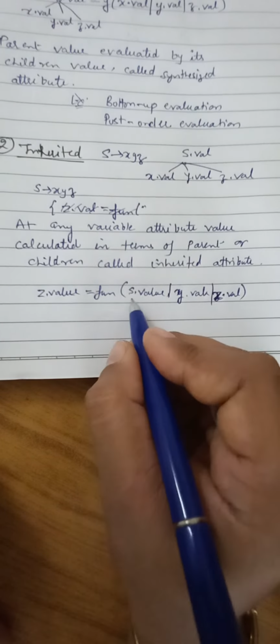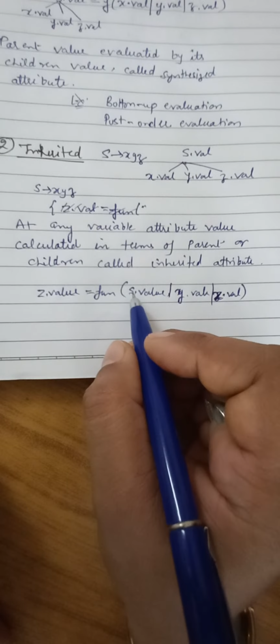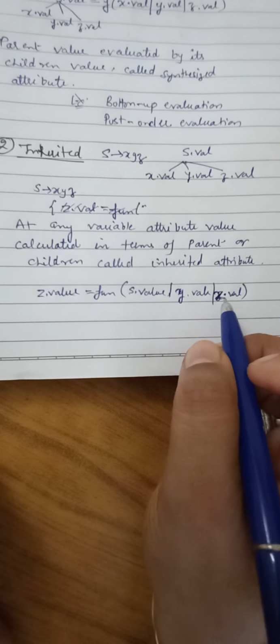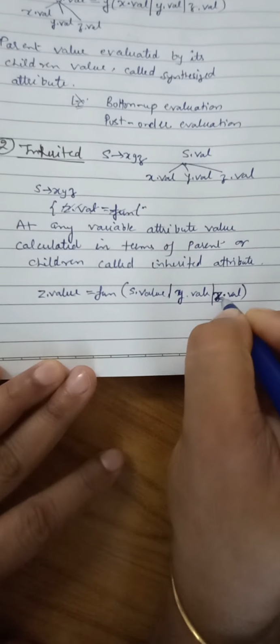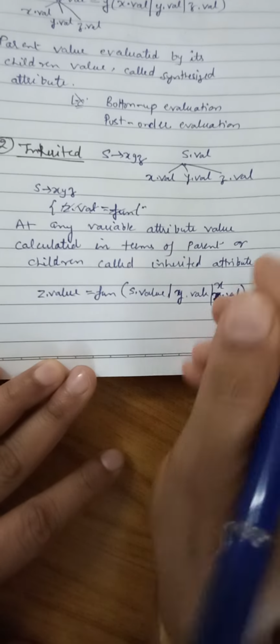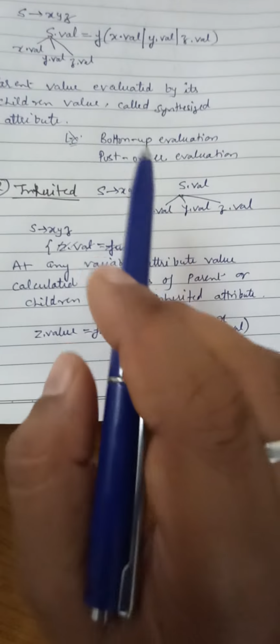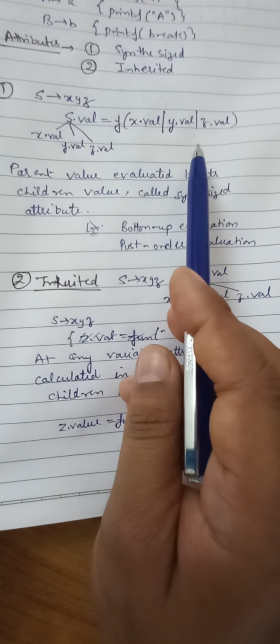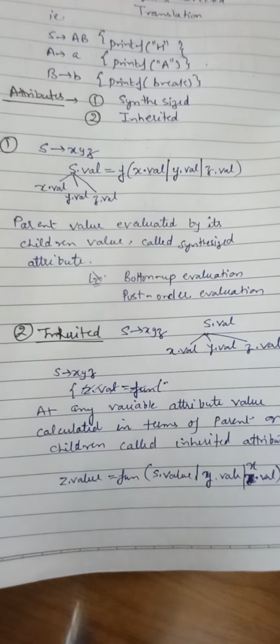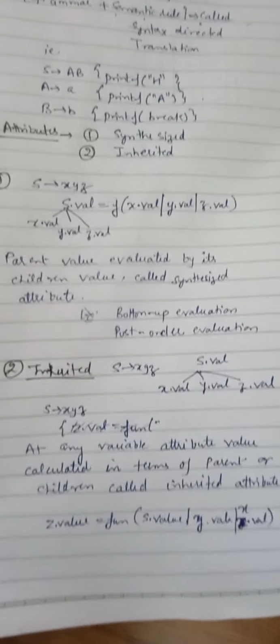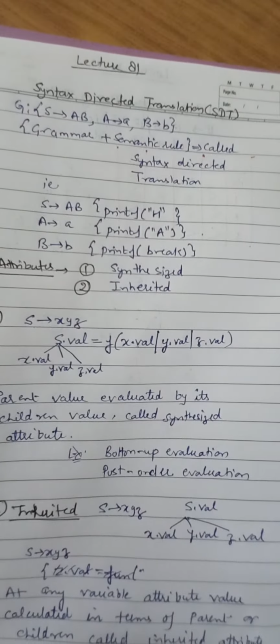It can be anything, parent or children. S is the parent, Y and Z are children, or we can say X. It can be X, it can be Z, both. But in synthesized it can be only children. So that is the difference between synthesized and inherited attributes of syntax directed translation.